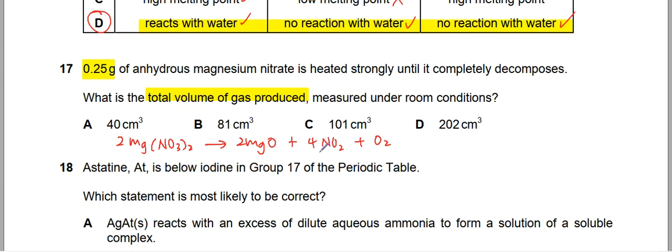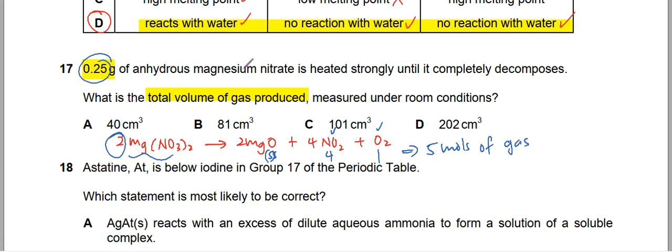MgO is solid, so we don't consider it. The NO2 and O2 are gases, so we have 4 moles of nitrogen dioxide and 1 mole of oxygen. So we expect to produce 5 moles of gas for every 2 moles of magnesium nitrate reacted. From here we can work out how many moles of magnesium nitrate.